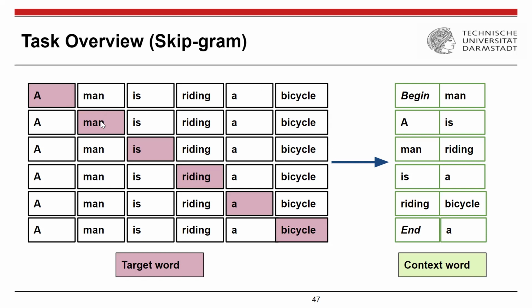Then you go to the next target word, man. Here the context words are A and is. So using man, you are trying to predict the surrounding words A and is. So this is how the setup is. You have a target word, and using that you are predicting the context words. This particular approach is called skipgram.